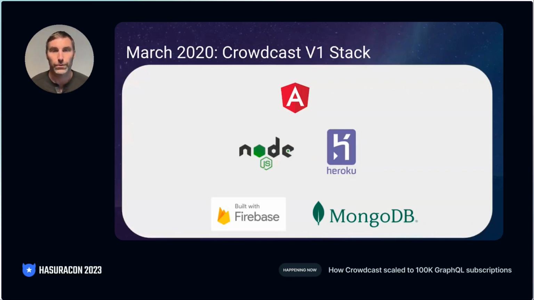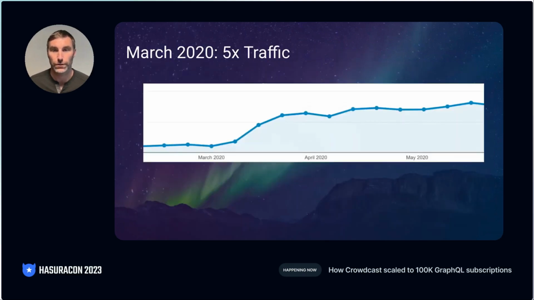The stack that we were built on, so we had an Angular front end backed by Node and running on Heroku. We also had Firebase and MongoDB on the back end as well. And this is what the stack looked like at the time, and everything was going just fine, serving the customers at the time.